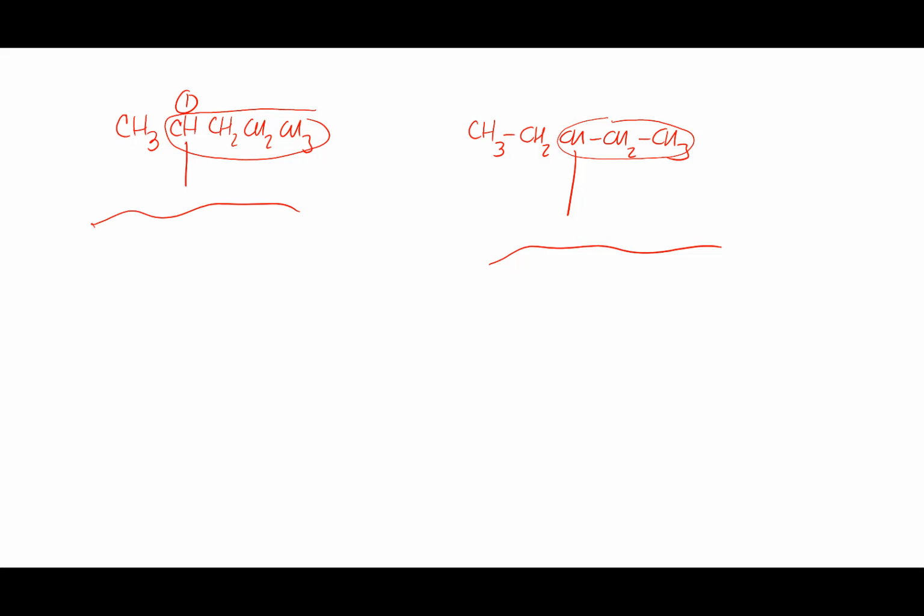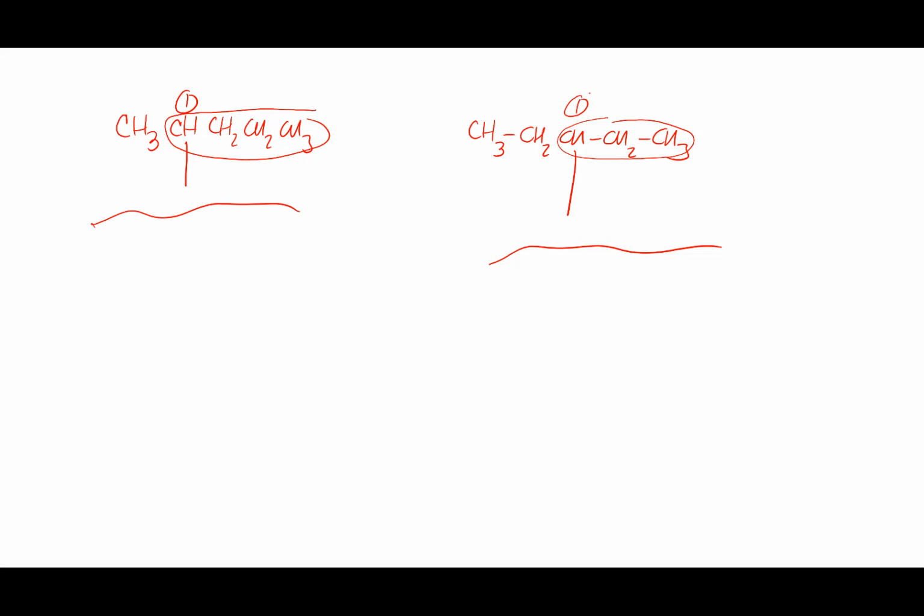I could identify the 3 carbons, the center carbon, which is automatically number 1, and the 2 carbons to the right, or the 2 carbons to the left. It doesn't matter because what's left over is the same. The one on the left, I have to go with the 4 carbons because otherwise it would just be 2.